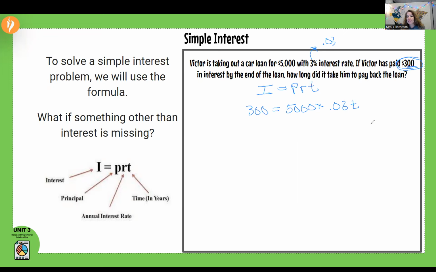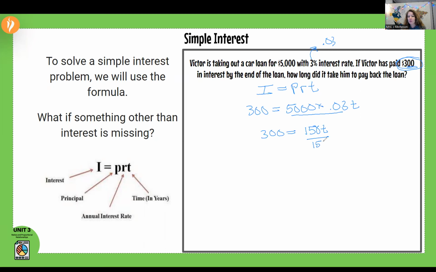So now what can we simplify? Well, we can simplify right here. We can do 5,000 times 0.03, and that is $150, or excuse me, it's not $150, it's 150 times t. So 150t. And now we're going to solve for t. So what's the opposite of multiplying by 150?